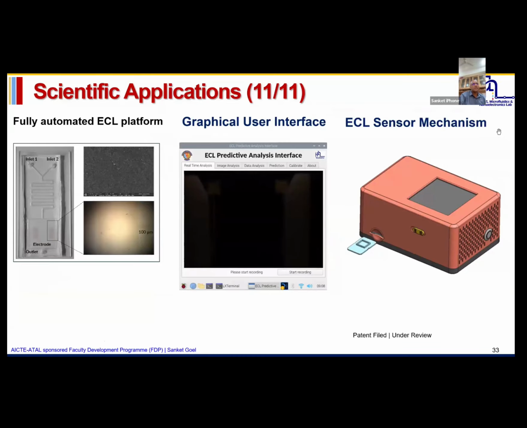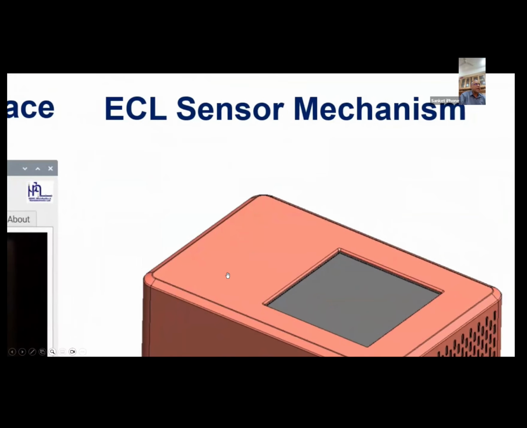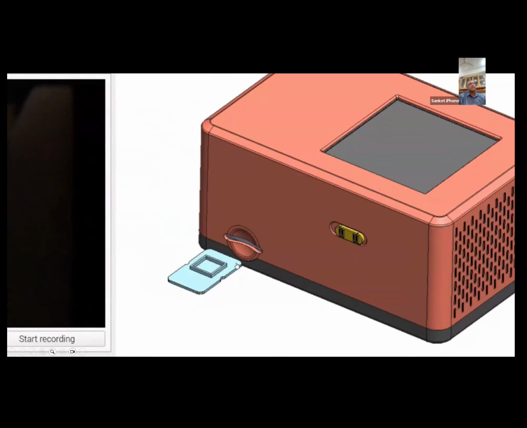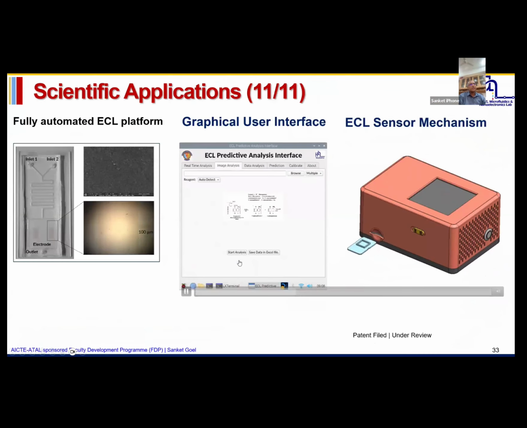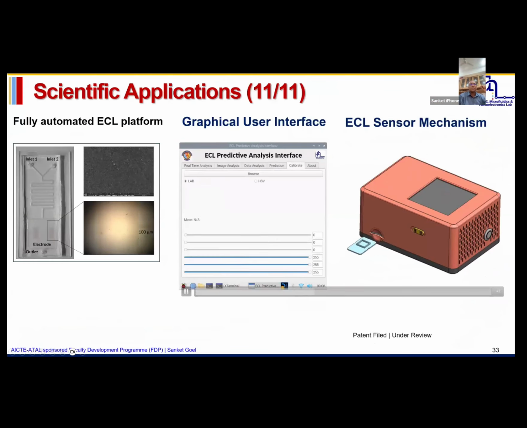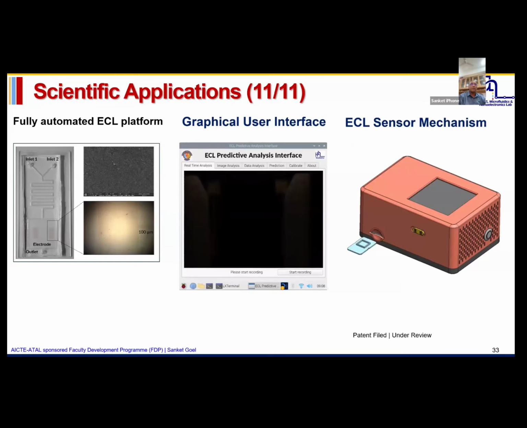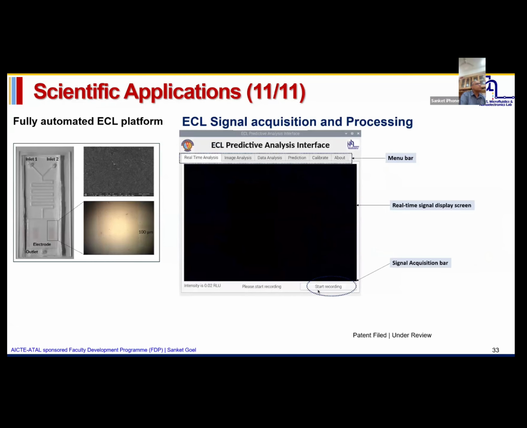We just have to insert a small cartridge here, and internally the electrodes in the cartridge are connected to the potentials which can be applied to those electrodes, and the entire chemical reaction will take place. This is how we are using a microfluidic device smartly to understand how electrochemiluminescence can work in those devices, and we have also developed a very user-friendly platform.